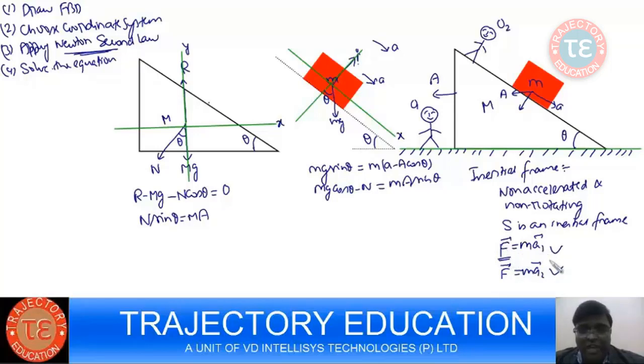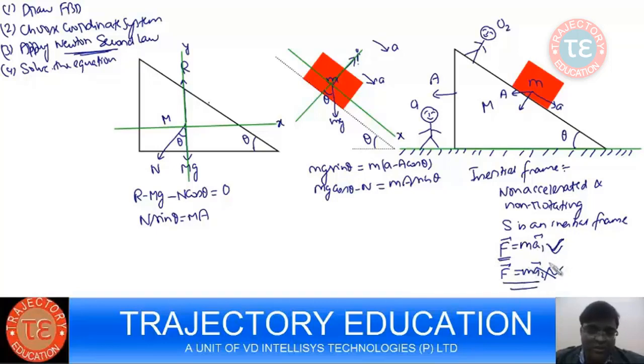Newton's law makes it very clear that this law holds only for the observation made by the inertial observer O1. So only this is true and this is wrong.